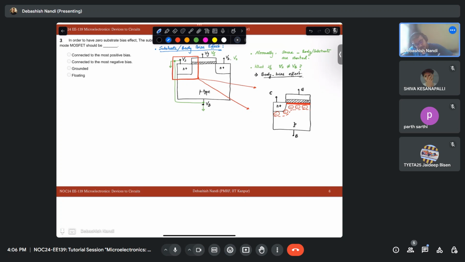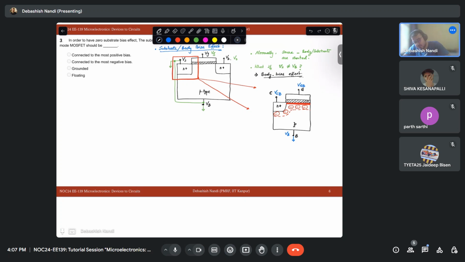So this is my VB. Let's say VB is grounded. This is my VGB and this is my VCB. Earlier, I was just shorting these two and grounding, right? Now I am applying a potential difference between the contact and the body terminal.